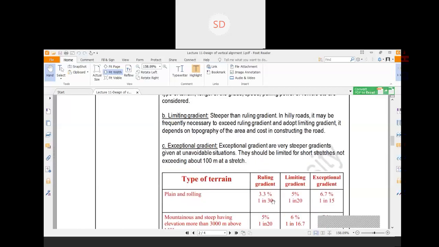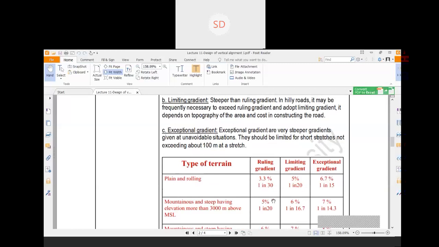Okay. The next portion is exceptional gradient. Exceptional gradients are very steep gradients, and they are provided in an unavoidable situation where the limiting gradient also cannot be provided. But one thing is there, whenever you are providing the exceptional gradient, that stretch should not be more than 100 meters at a stretch.